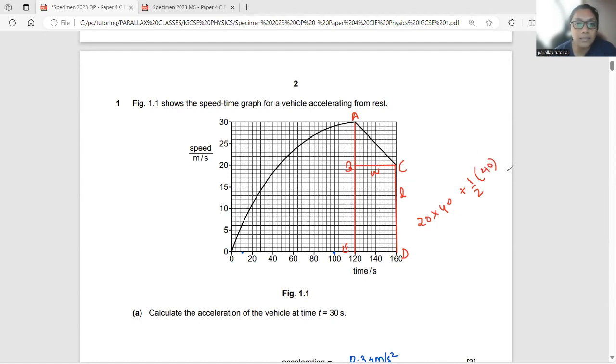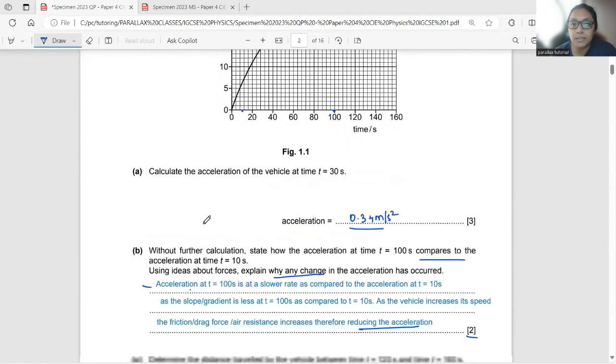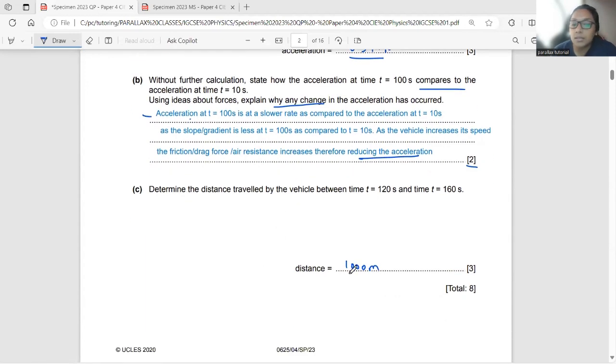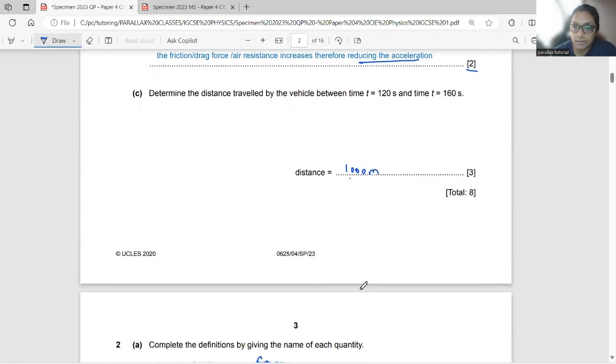And height, in this case, it is 30 to 20, right? 10. So this is 10. So you get 5 into 40, which is 200, plus 20 into 40, which is 800. Therefore, 1000 meters. Again, the same answer for finding the area under the curve or for finding distance, right? So the answer over here would be 1000 meters.